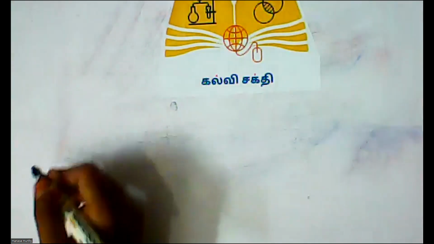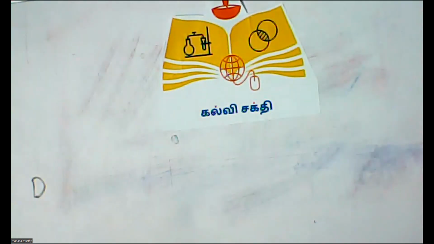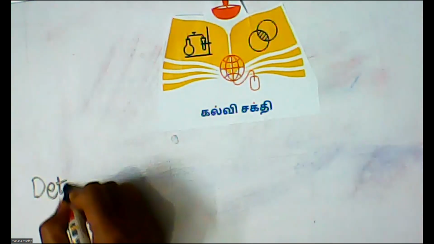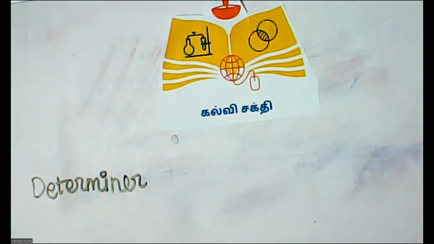So where do we use these determiners? We use determiners to identify things.